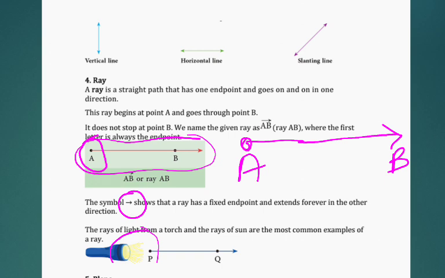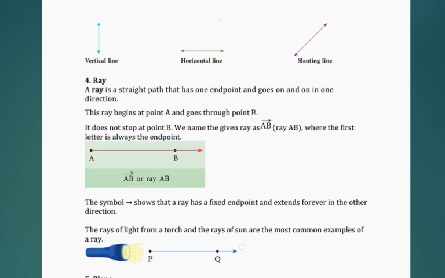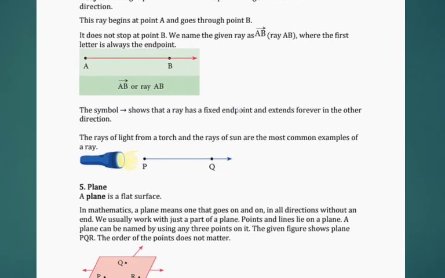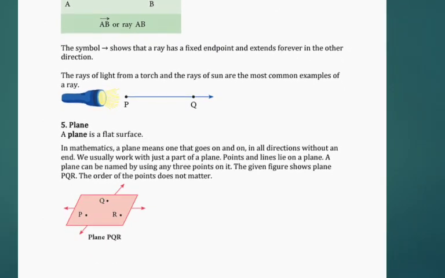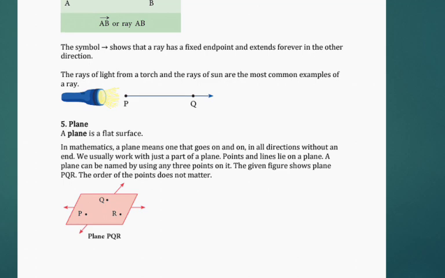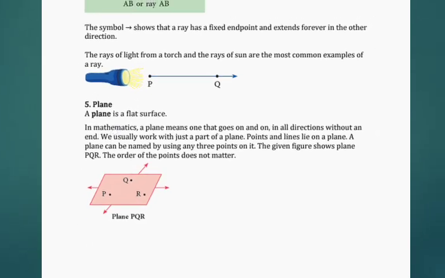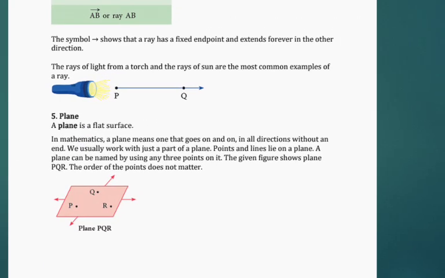The ray of light from a torch and the rays of the sun are the most common examples of a ray. Here PQ represents the ray of this torchlight, where P is the fixed point and Q is the moving point. It moves along the direction of Q.